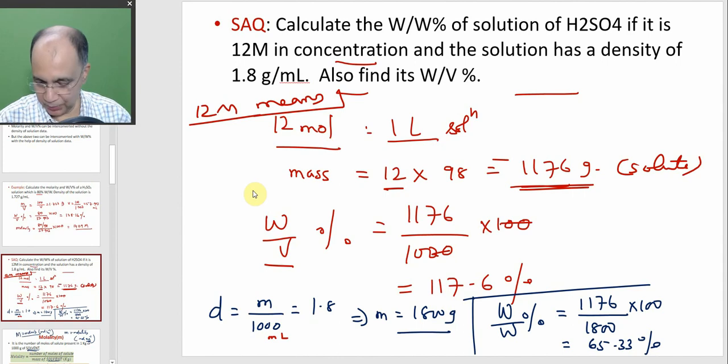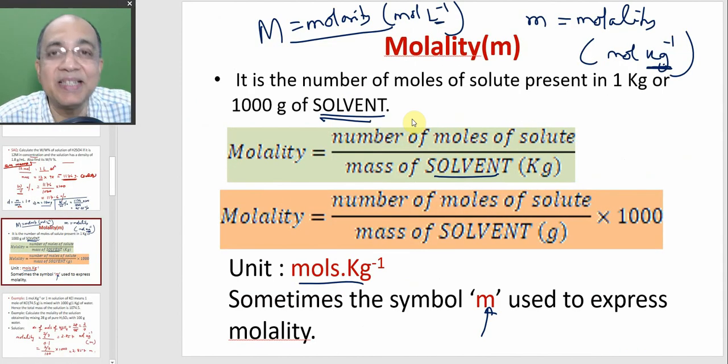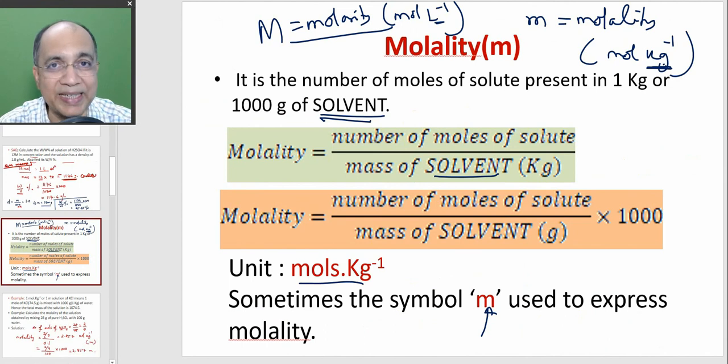Now let us proceed. Molality is the final way of expressing concentration. There is another way, a very primitive way of course, but it is useful in some measurements. We shall study it in the measurements of colligative properties. You have to use molality. What is molality? Molality is the number of moles of solute, similar to molarity in the numerator part, present in 1 kg or 1000 gram of solvent.